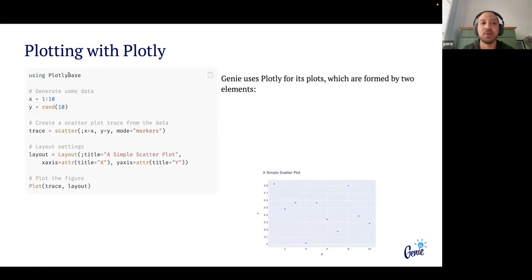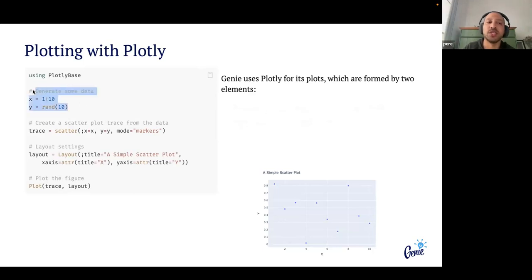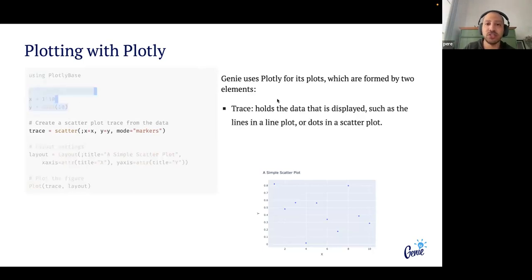To create plots with Plotly, it is quite straightforward. You just need to, of course, declare some data and then define two elements. One of them is the trace, which holds the data that will be displayed on the plot. For instance, this will be dots on a scatter plot, like the one we have here in this figure, lines on a plot, etc. We just pass to it the data, and we call the appropriate function, if it's a scatter plot or a histogram or a box plot or anything.